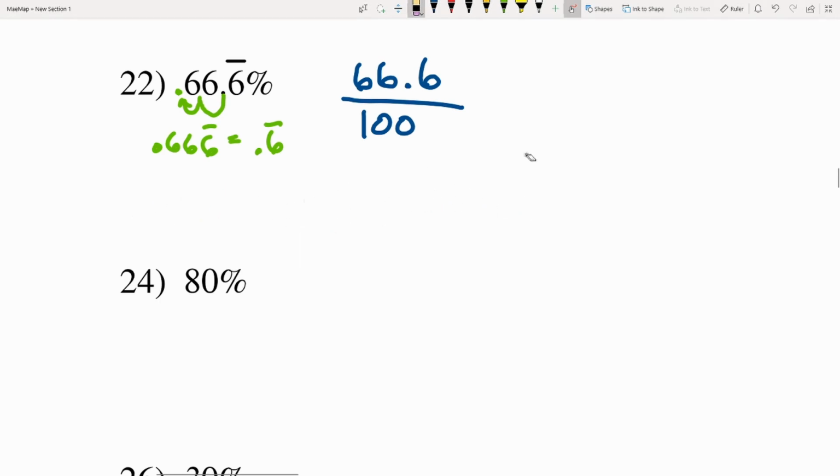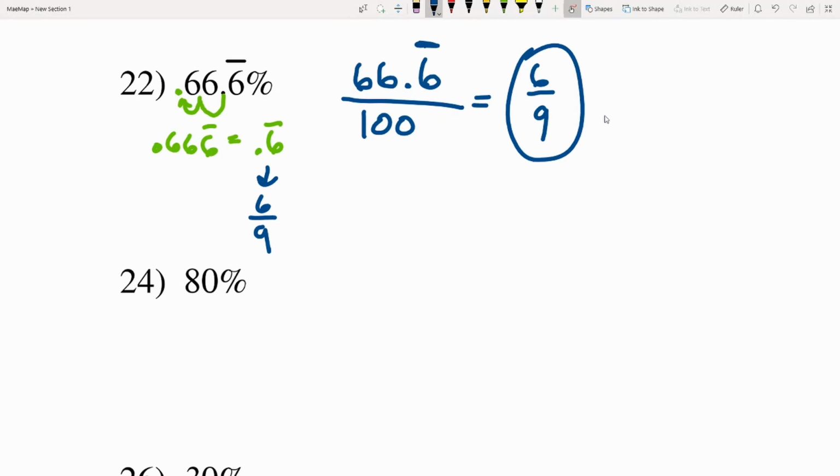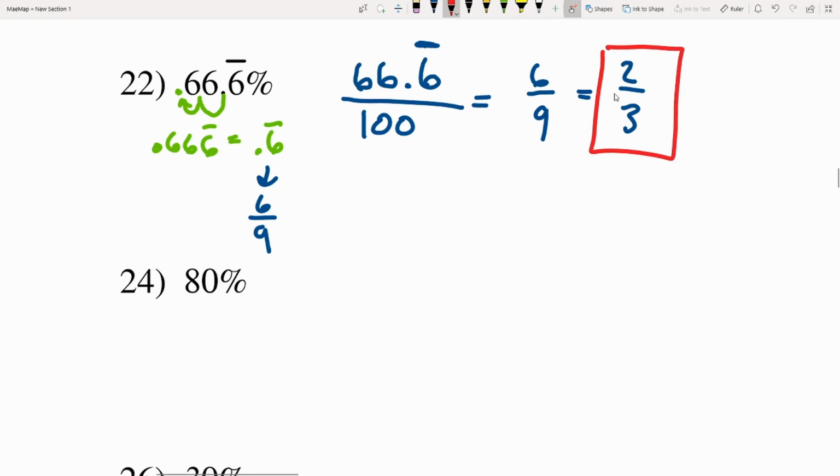If that pattern continues on, 0.6 repeating is 6/9. So 66.6 repeating over 100 is 6/9, which 6 and 9 are both divisible by what number? 3. 3 goes into 6 2 times, and 3 goes into 9 3 times. So 2/3 is our solution in number 22.